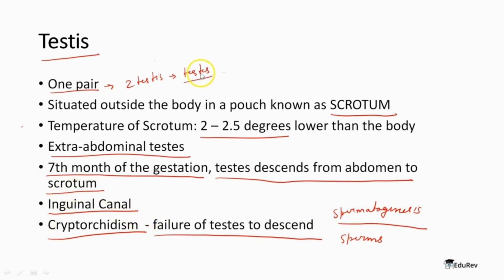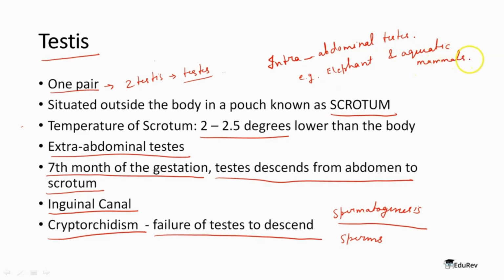So we already know about the extra-abdominal testis, but there are some animals other than human which have intra-abdominal testis. The examples of such animals are elephant and obviously aquatic mammals.